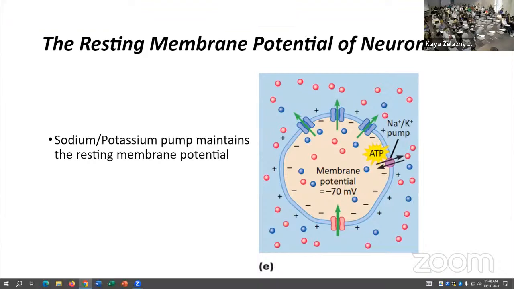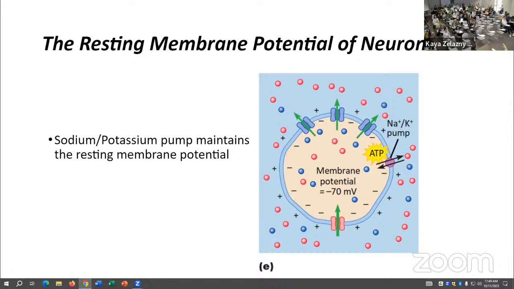Okay. So we are going to continue and finish up with our resting membrane potential of our neurons. So remembering where we were, what we're starting with, so that we can start to understand the nervous system. We're starting out with understanding why our neurons are starting out at a resting membrane potential of -70 millivolts. Because as we'll see later on today, we're going to notice that there is a change from that -70 millivolts.